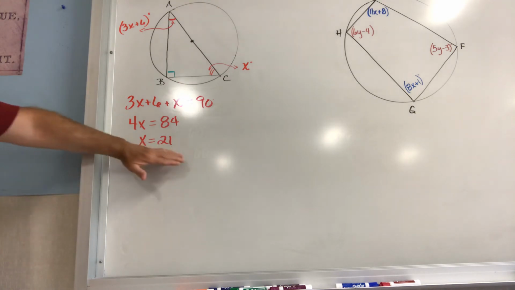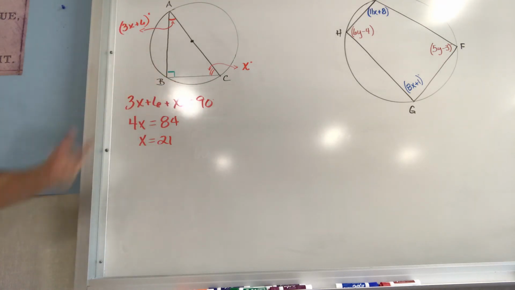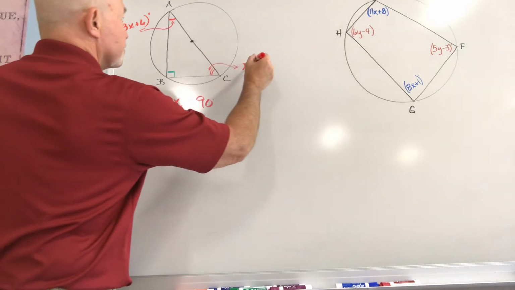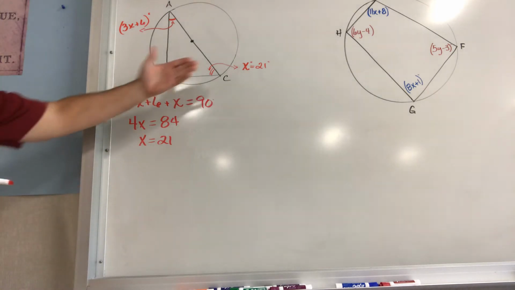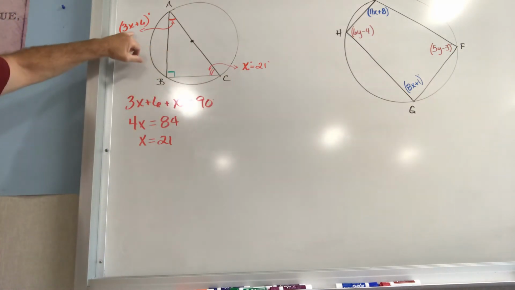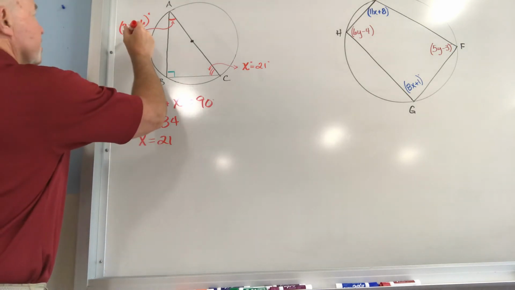Solve for x. If x is 21, then angle C is 21. And you can either subtract from 90 or plug it in, and get 63 and 6 is going to be 69 degrees.